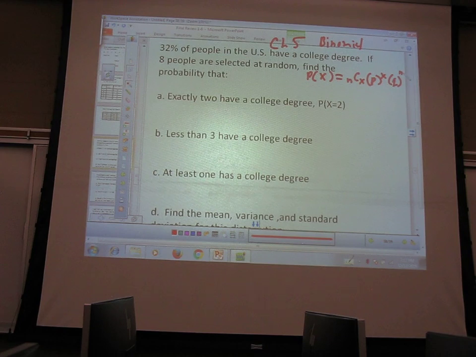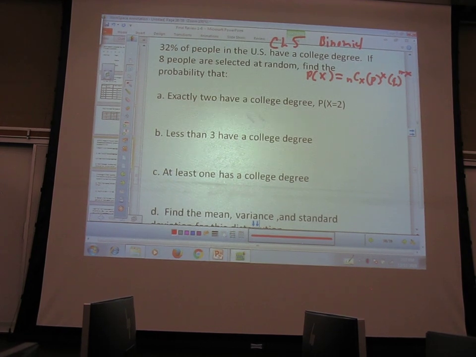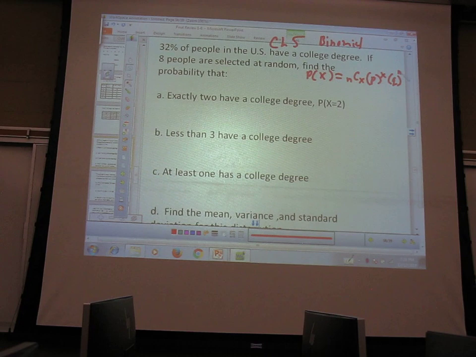We already have p. So it's going to be 8 choose 2.